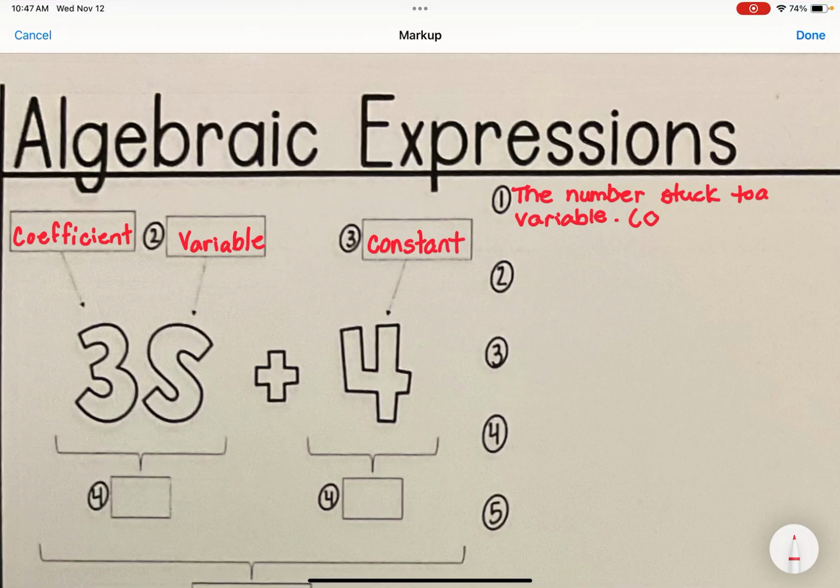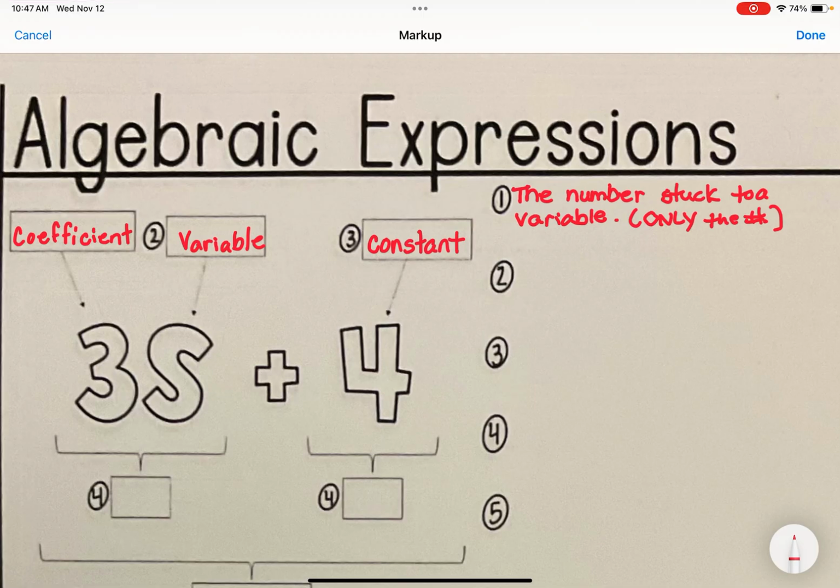Okay, it is only the number. It's not the variable, okay? So the coefficient is the 3. The coefficient is not 3s, it is not 4. The coefficient is the 3 because the 3 is stuck to the letter S, okay?